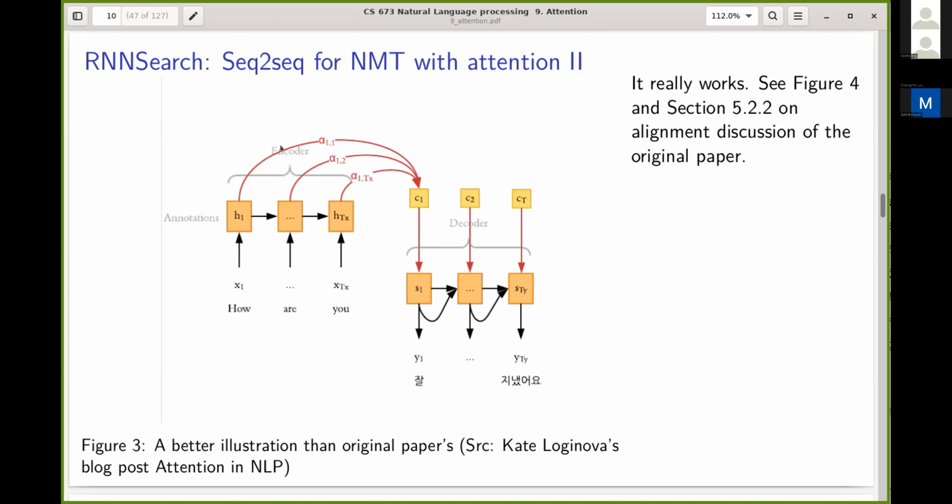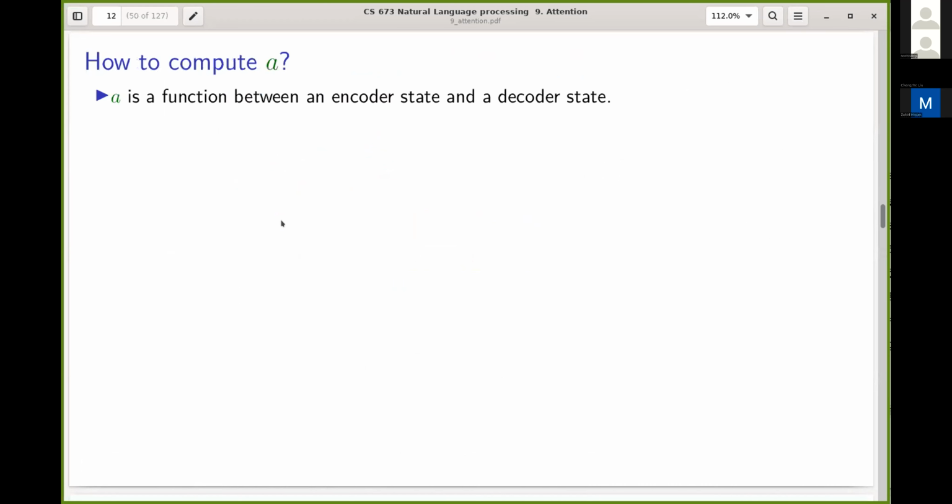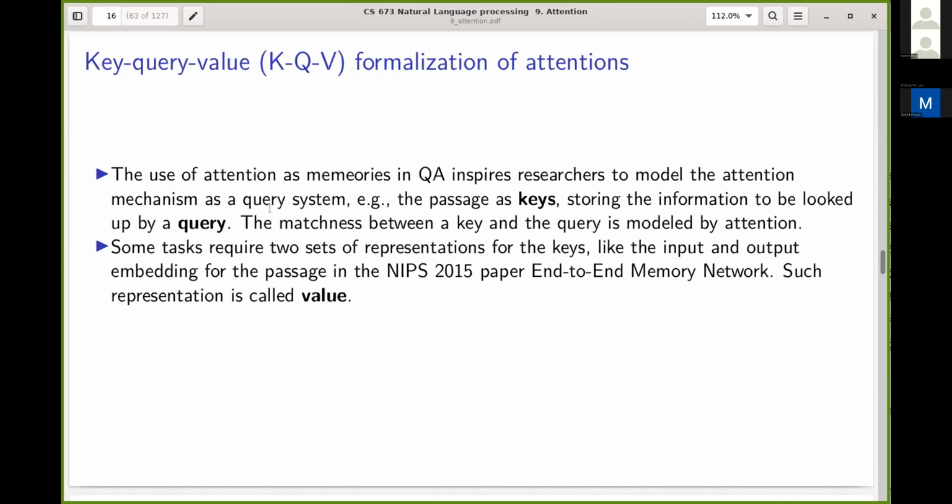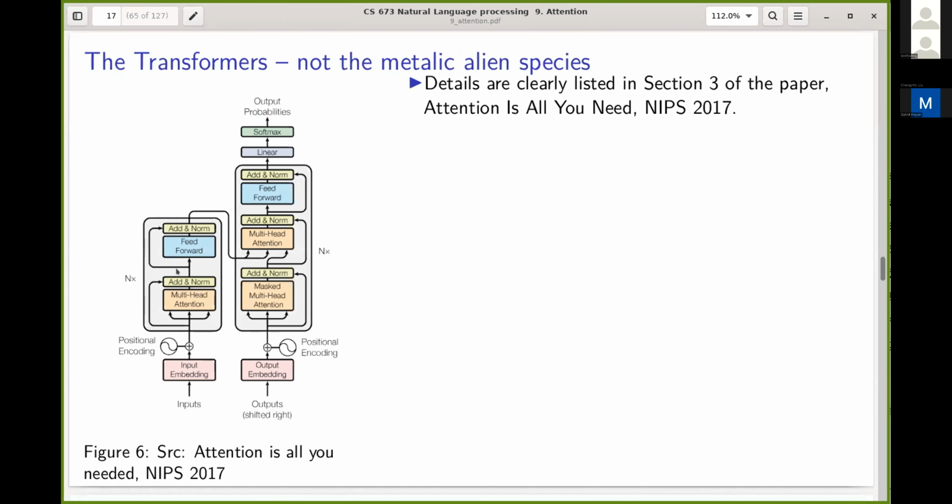Remember, here we try to build the attention between every encoder state and a decoder state, while in the transformer case, we leverage self-attention, which means that for every encoder state, we try to find its attention with another encoder state. So that's the input part of the transformer.